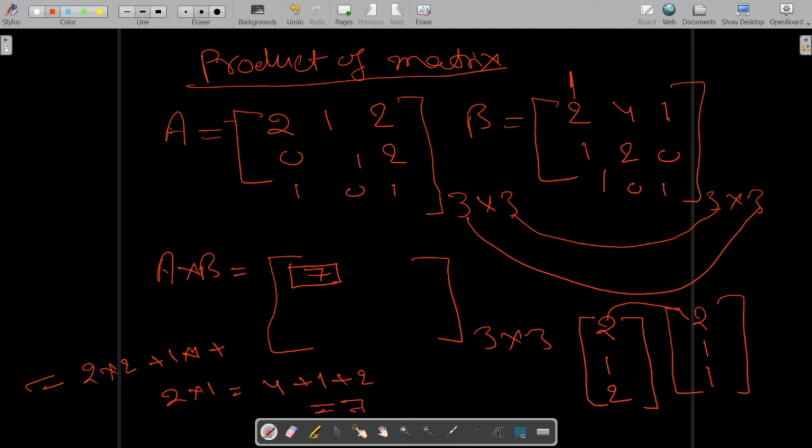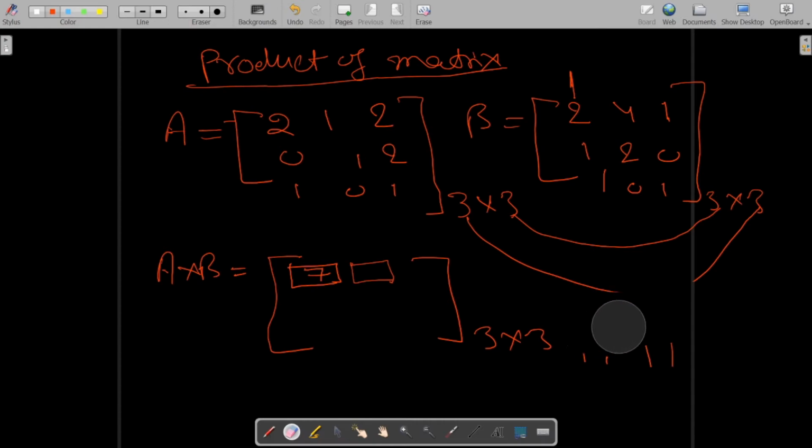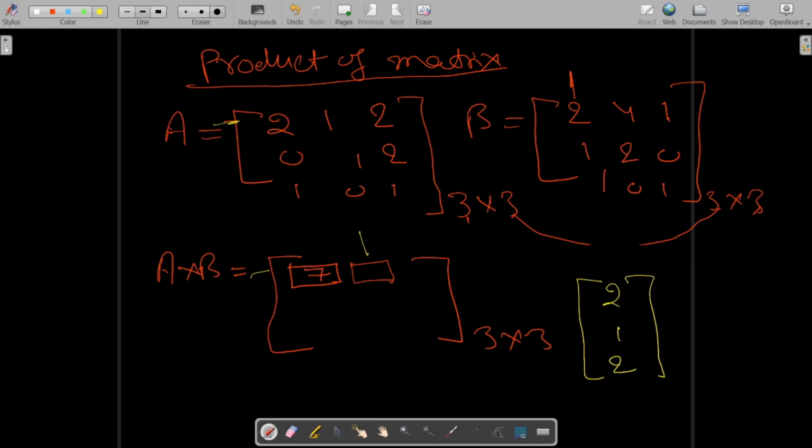Similarly, if you want to find out the value for this, which is the first row, second column, take the first row here, 2 1 2, and then the second column, which is nothing but 4 2 0, and then do the dot product of these two vectors.